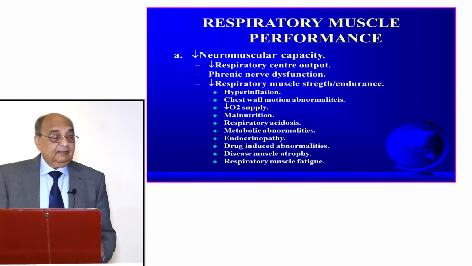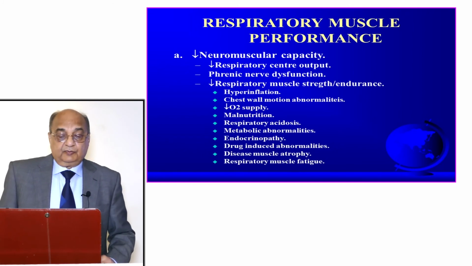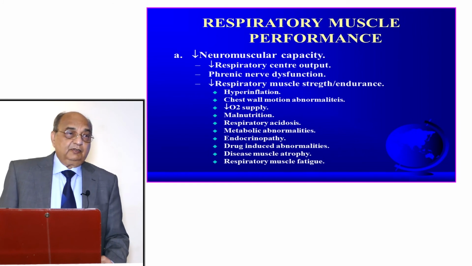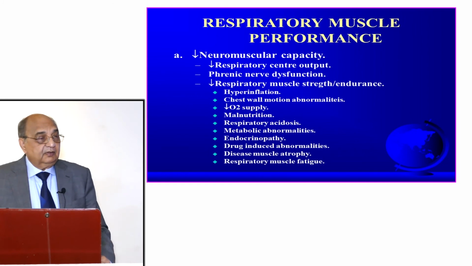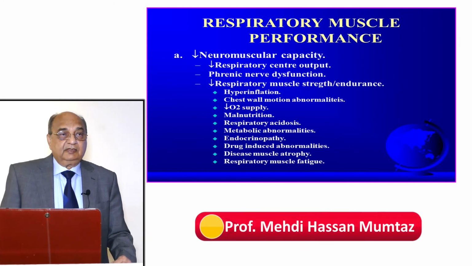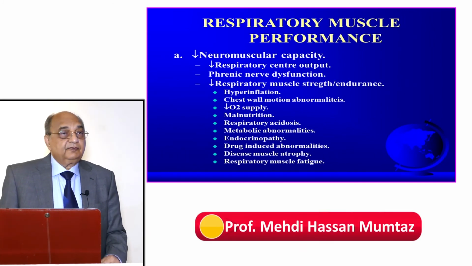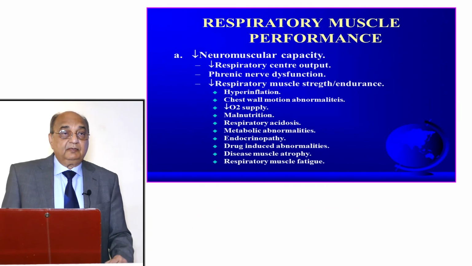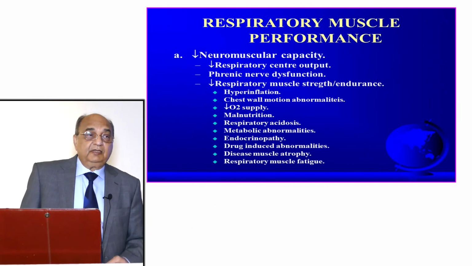The second important thing is phrenic nerve dysfunction, particularly in patients who have had chest surgery or CABG. Because there is likelihood of small injury to the phrenic nerve, there could be some problem with the diaphragm as well.